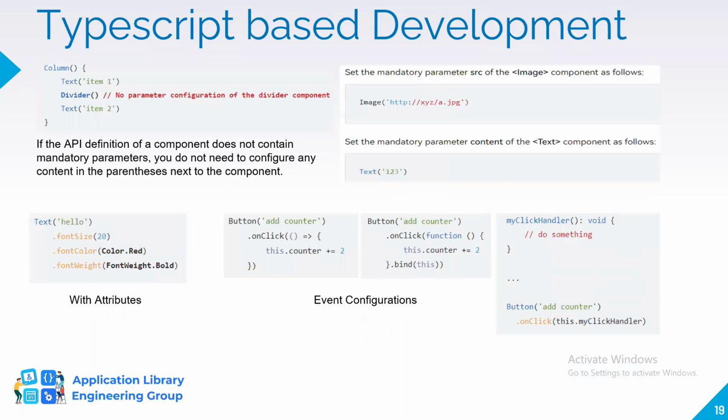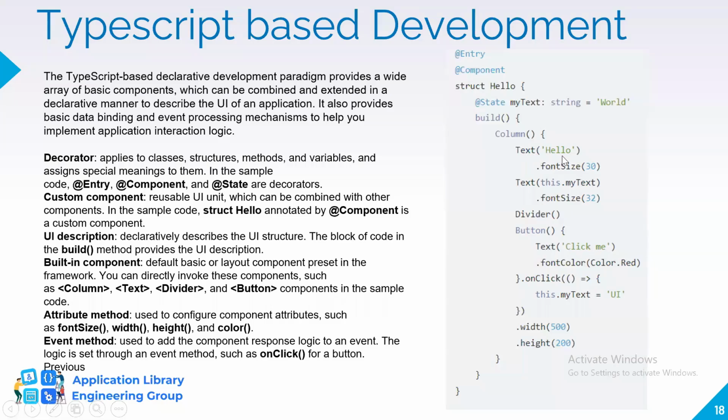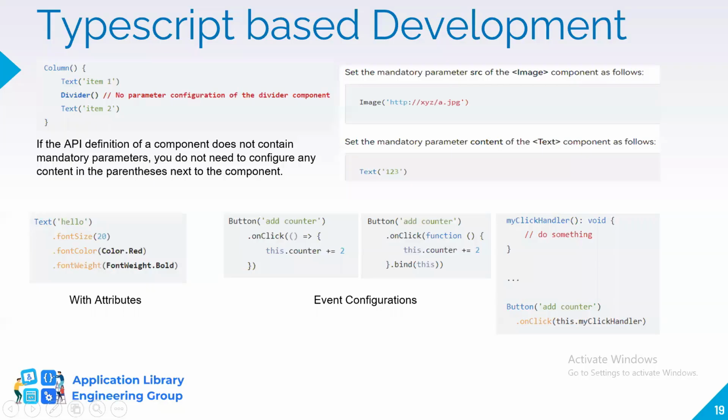Okay. In the same example, if you see for a text, there will be some mandatory parameters which need to be passed because a text cannot be empty. In such cases, you have to pass the mandatory parameters, and there will be some functions which don't need mandatory parameters. Those can be empty, like divider. That's what is explained here. Like for example, for image, you also need to pass a mandatory parameter, like which image has to be displayed.